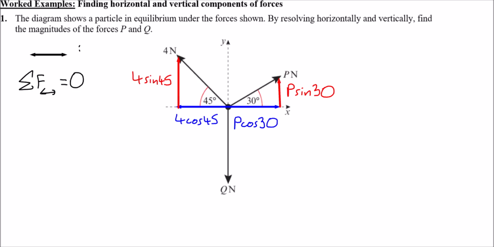In other words, the components acting to the left will be equal and opposite to the components acting to the right. The only component here acting to the left is the 4 cos 45 degree, the horizontal component of the 4 Newton force. So going to the left, we have 4 cosine 45, and that must be equal and opposite to the sum of the forces acting to the right, which is just P cosine 30.